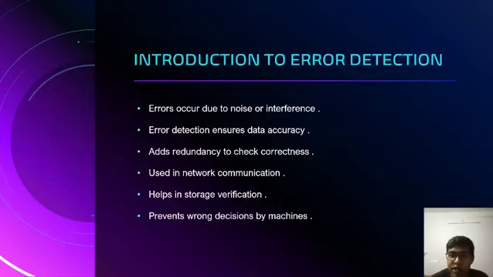Many systems add extra bits to detect or even correct mistakes. This process is crucial in computing systems, communication systems, storage devices, and anywhere reliable data is needed. Ultimately, it prevents wrong decisions by machines that rely on error-free computations.